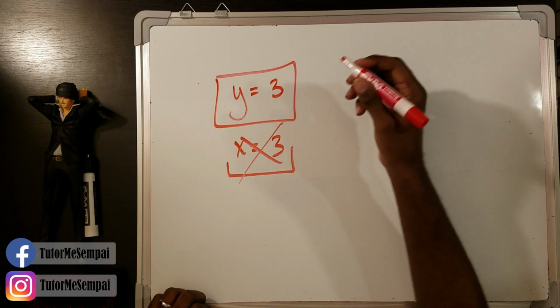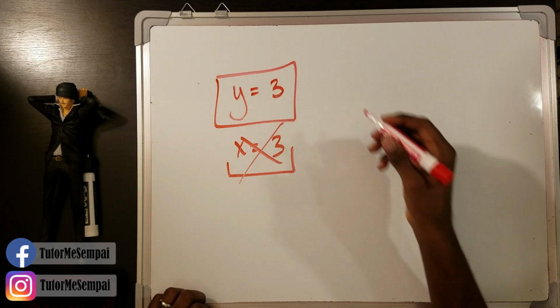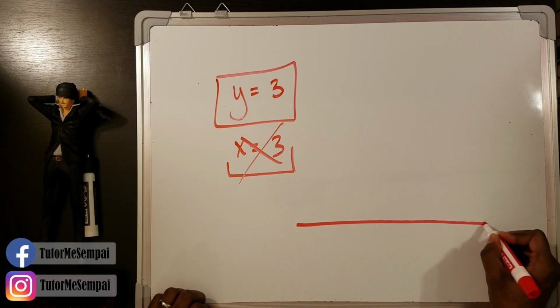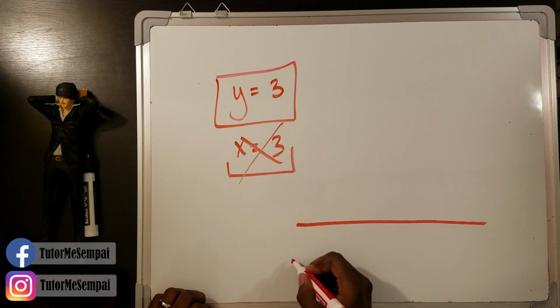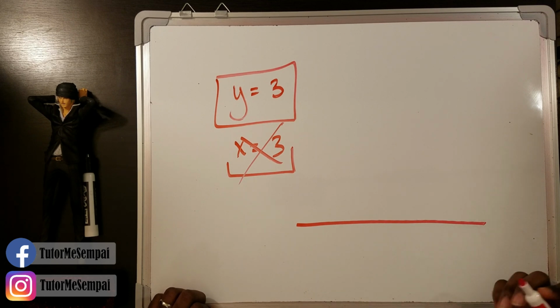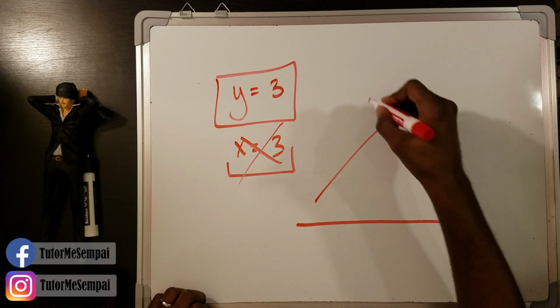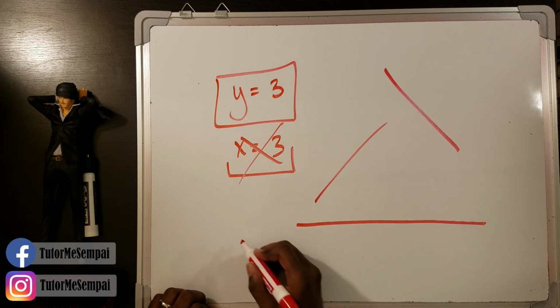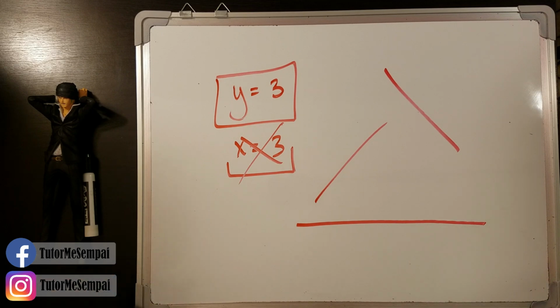Whenever you have y equal to a constant, well, constants always are constant. They don't change. They're pretty much like linear functions, except they don't go up or down. They are just constantly going across, so they are purely horizontal.